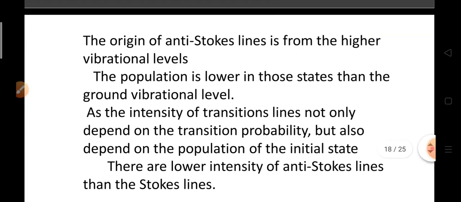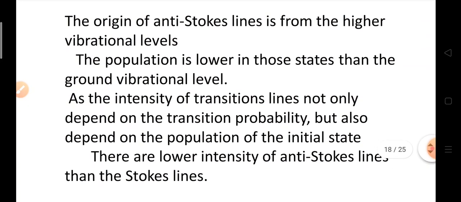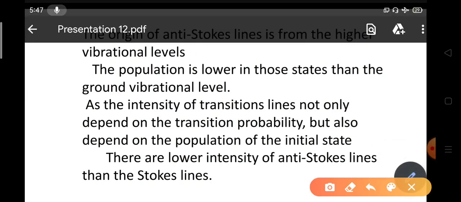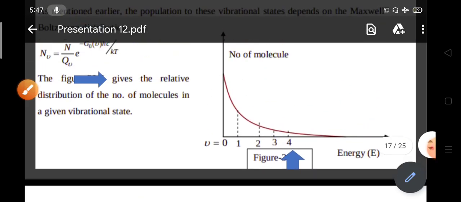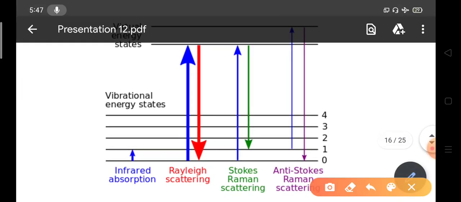So the origin of the anti-Stokes line from the higher vibrational levels depends on the population. Why? Because the population is lower in those states than in the ground vibrational level. The ground vibrational level, that is V equals 0, will be more populated at normal room temperature than the other levels. So from the diagram you can understand most of the molecules are populated in the V equals 0 state at room temperature.